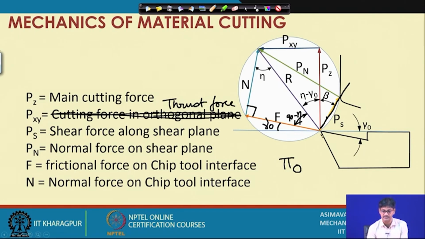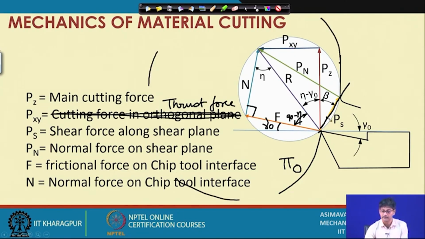If phi is between 0 and 90 degrees, there is a push perpendicular to the axis of the workpiece. You might say, where is the workpiece? The workpiece is like this. This is the uncut chip. This whole thing is the workpiece, which we have not drawn. This circle is not the workpiece, mind you.